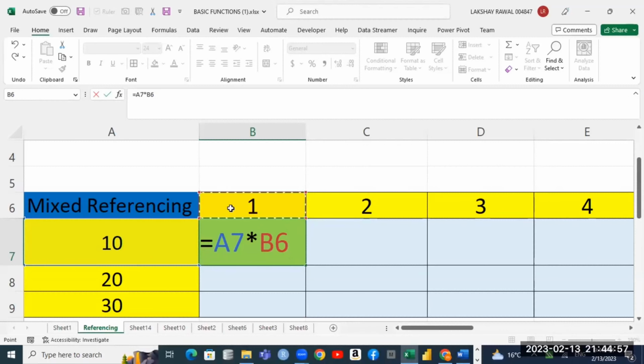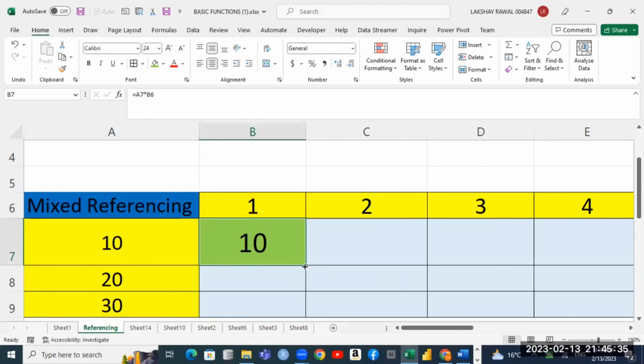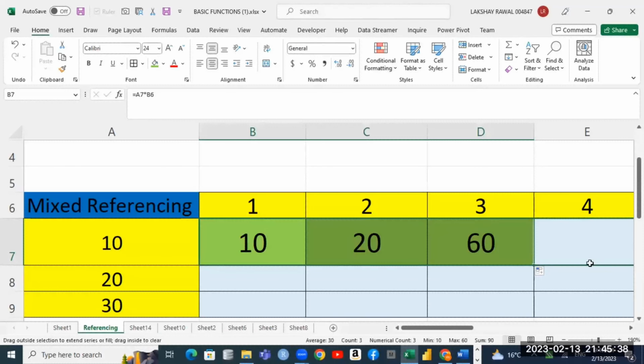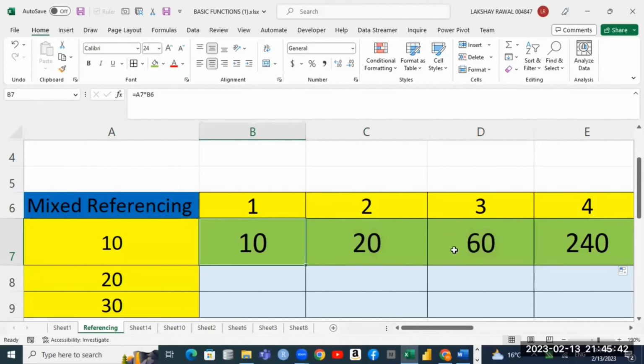Is this formula okay? No, ma'am, because we need to put a dollar before A. If I drag the formula here, it is showing 10 to the 20, 10 to the 60, and 10 to the 40. No, wrong.